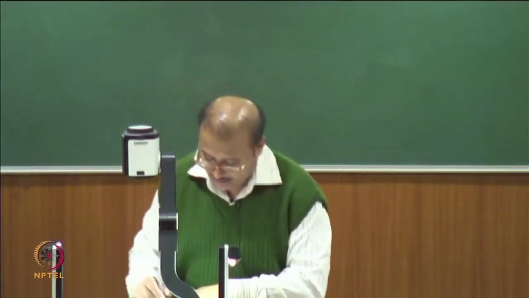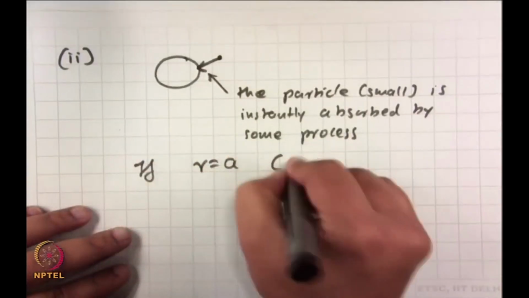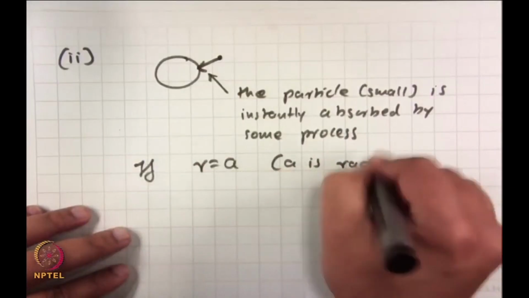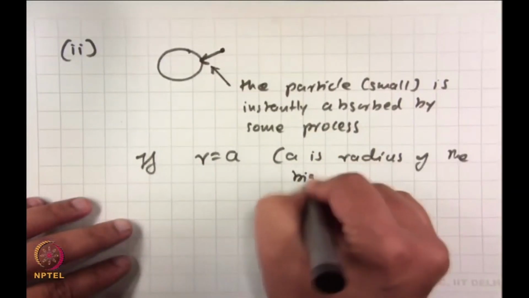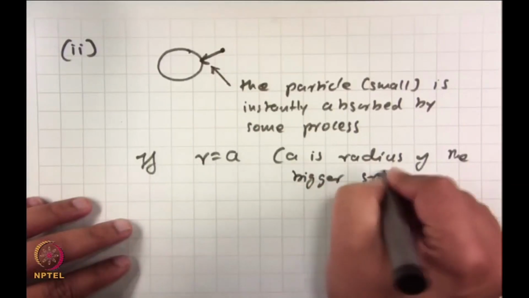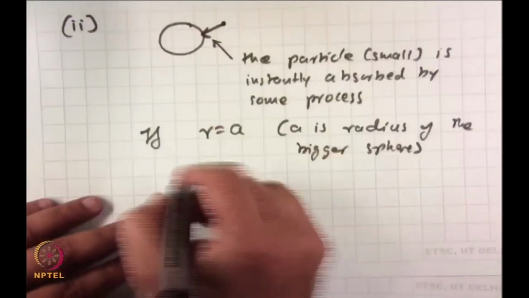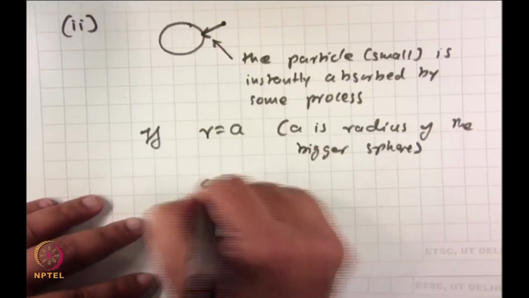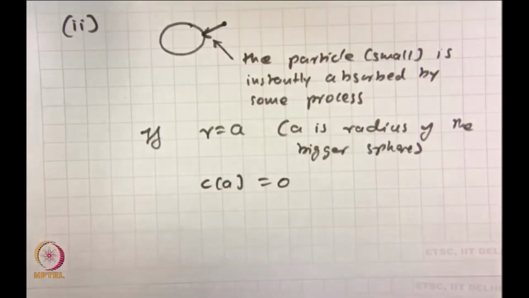So, that means if R is equal to A, where A is the radius of the bigger sphere, then C of A is equal to 0.